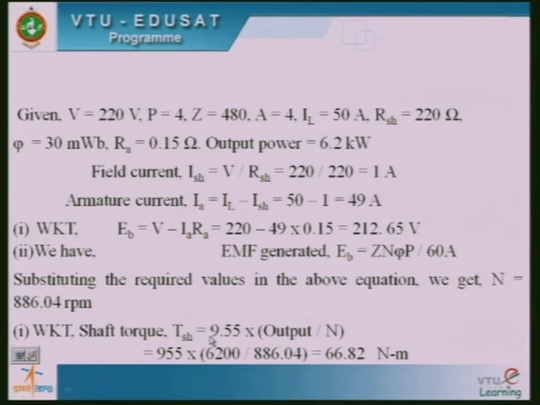So, it is 9.55 into 6200 divided by 886.04. This is equal to 66.82 Newton meter. By mistake I left out the point here; it is not 955, it is 9.55. So, after calculating you are getting 66.82. This is how we have to do the problems.